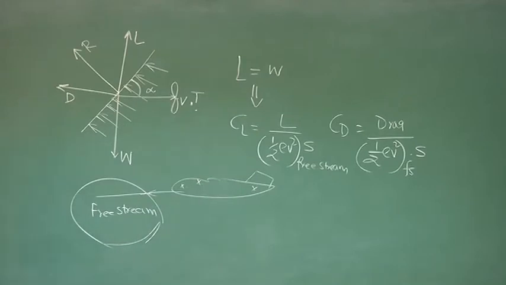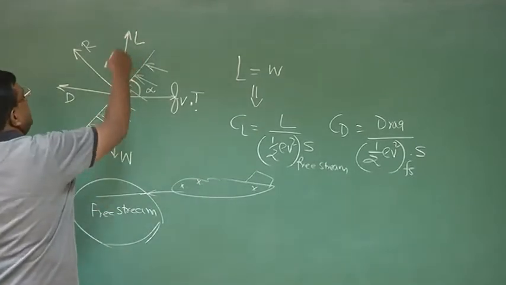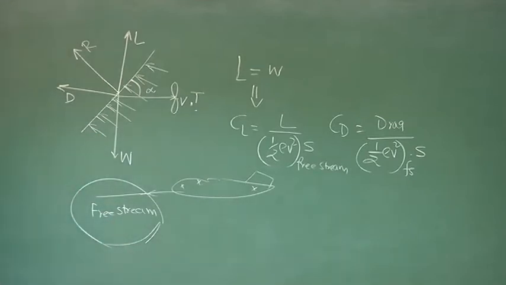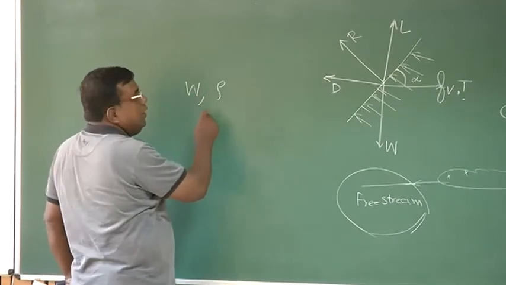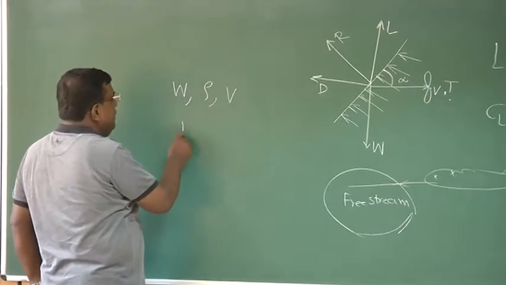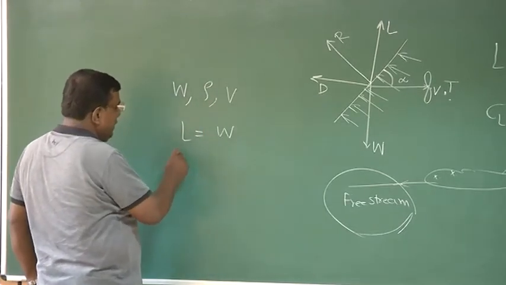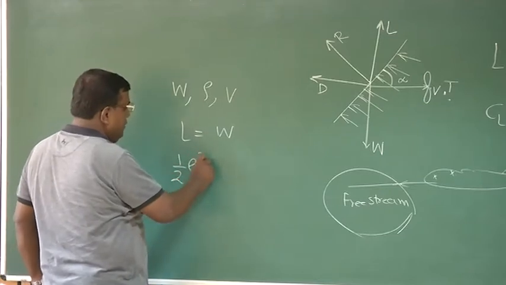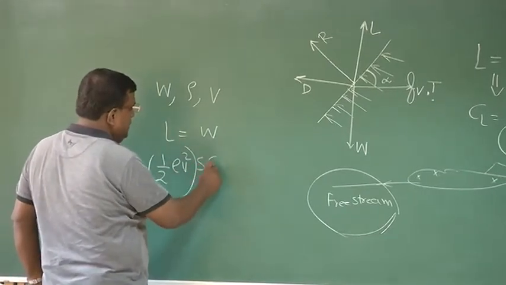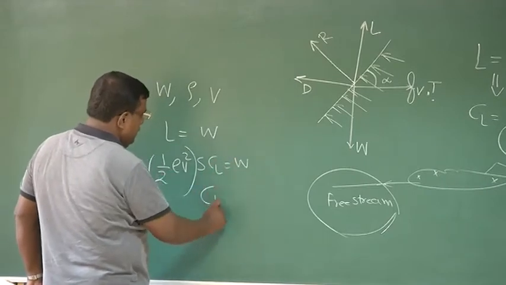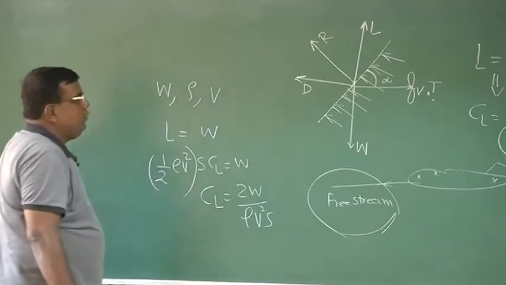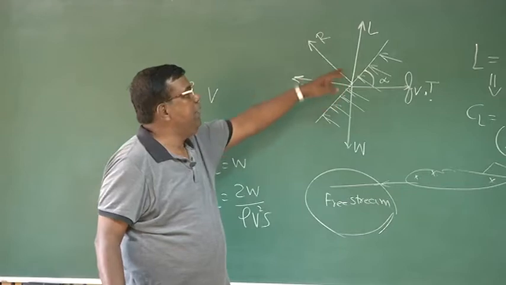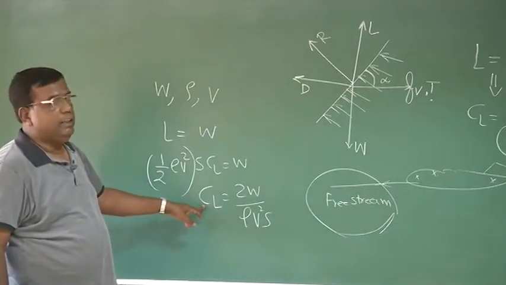Now let us see. If I want to fly a machine, and if I decide to operate in terms of CL, then for a given weight, given rho, given altitude, and given speed, the lift is equal to weight, and lift from that expression is half rho v square S CL equal to weight, or CL equals 2W by rho v square S. So for a given weight, if I want to maintain lift equal to weight, I must fly at this CL.